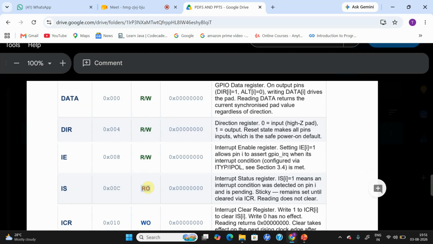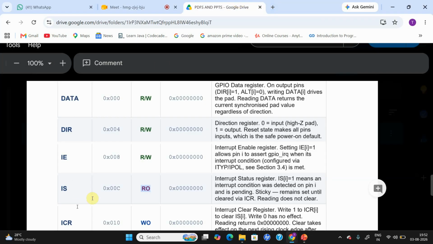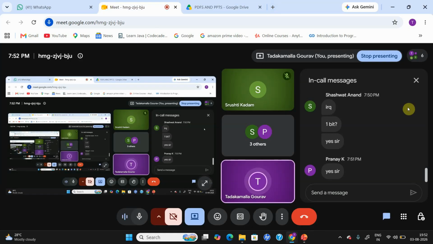Using IRQ, it will only know that some interrupt has been given, but to know which particular pin's interrupt, it is going to read the interrupt status register. Is it clear?